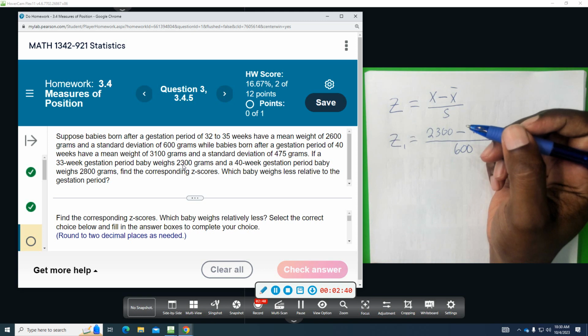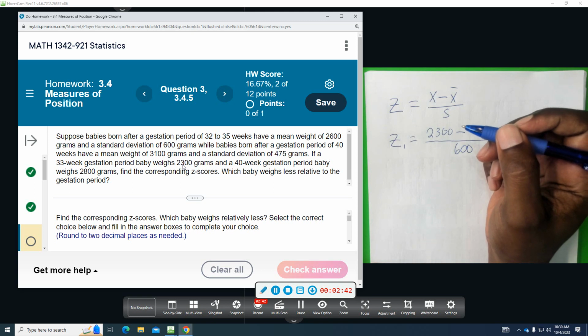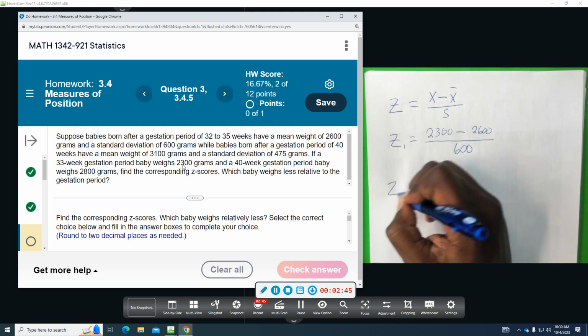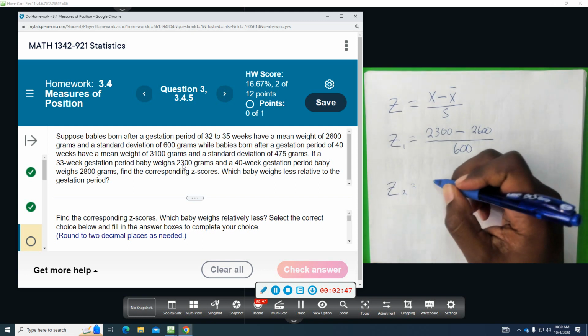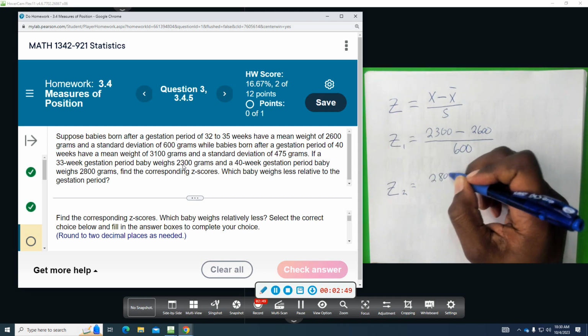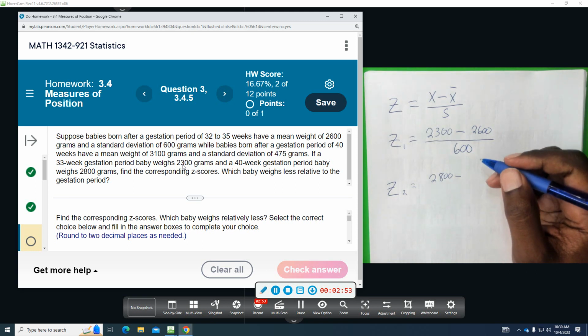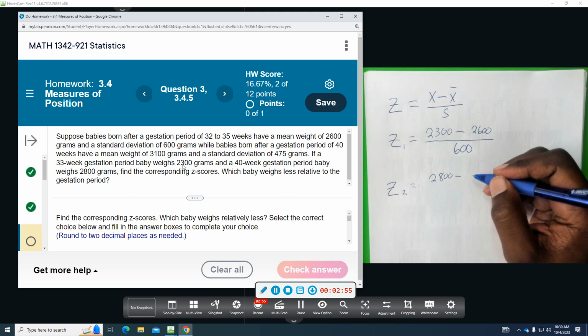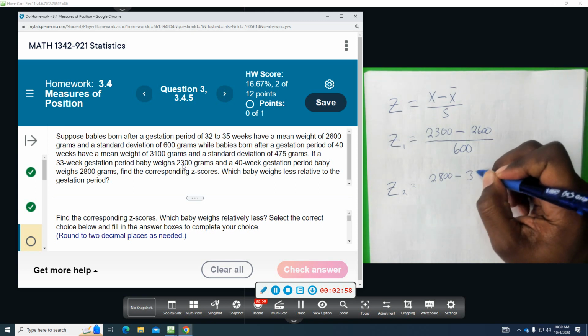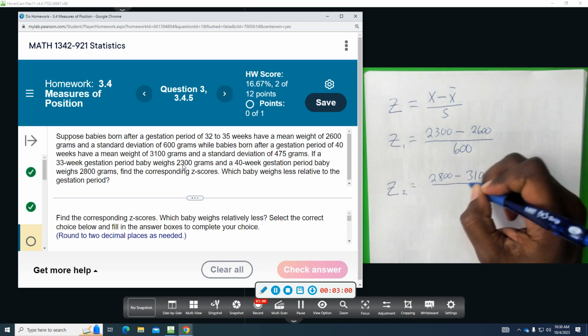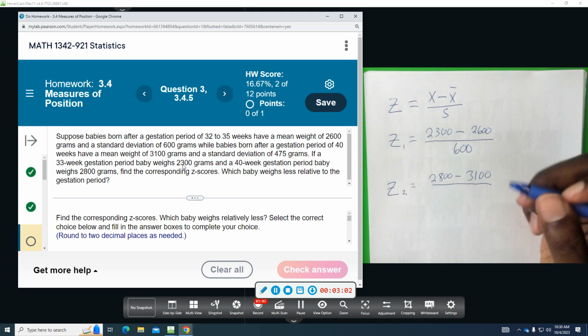And then the 40-week baby had 2,800. So for the second z-score, 2,800 was the data value, the mean for 40 weeks was 3,100 grams, and the standard deviation was 475.